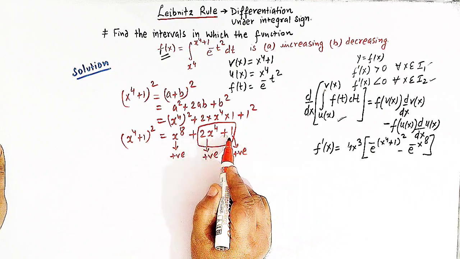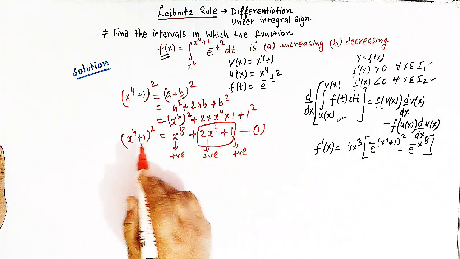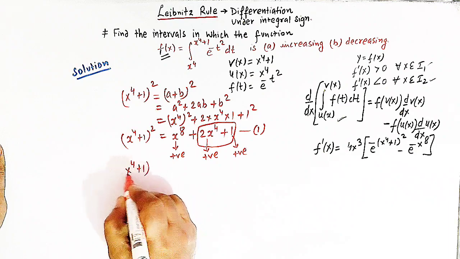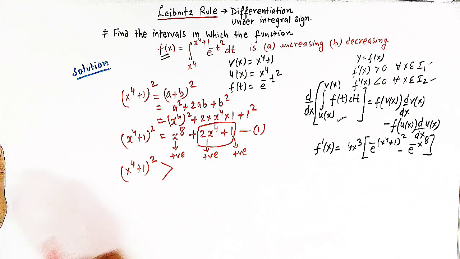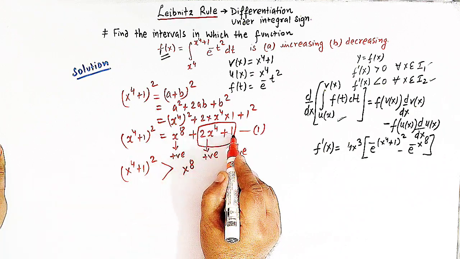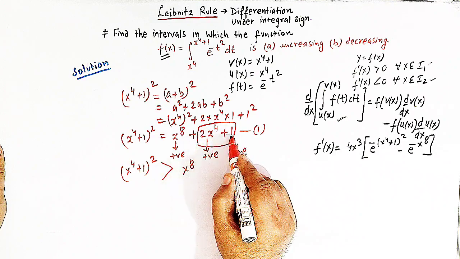So this entire term is positive. So from this expression, we can easily conclude that x raised to 4 plus 1 square is always going to be greater than x raised to 8, because here we have the extra term, that is 2x raised to 4 plus 1, right?